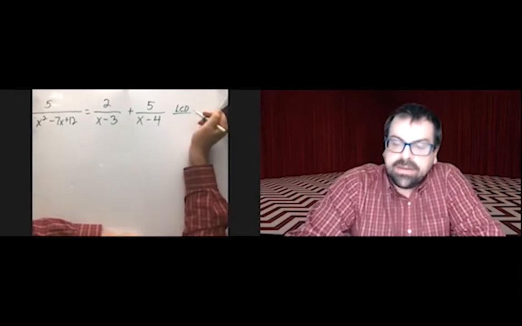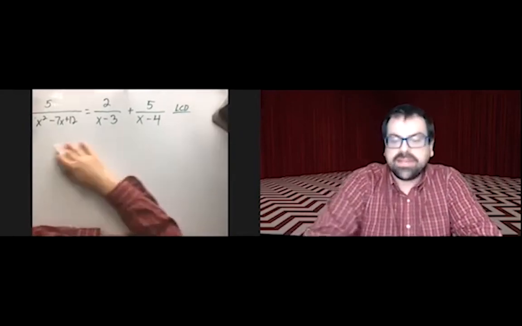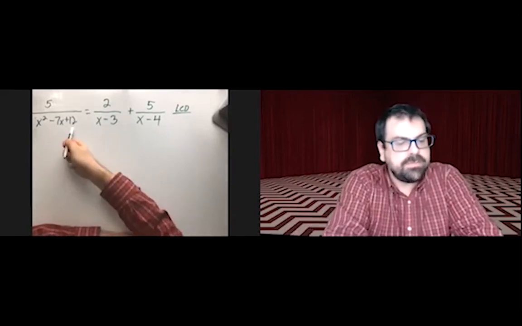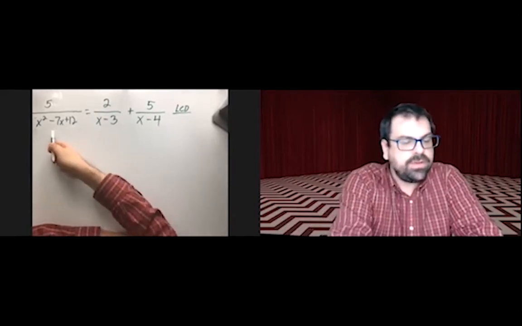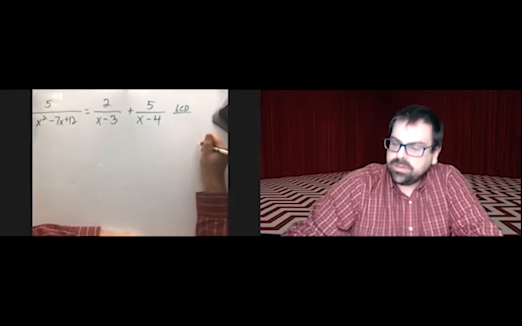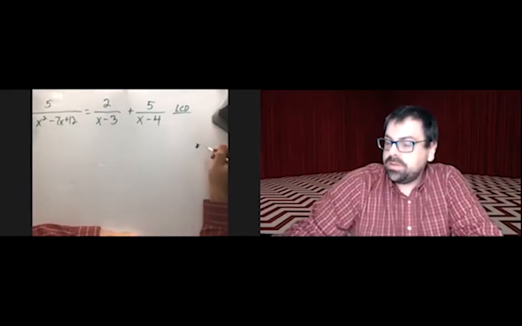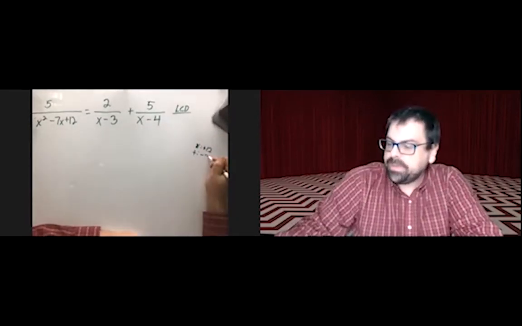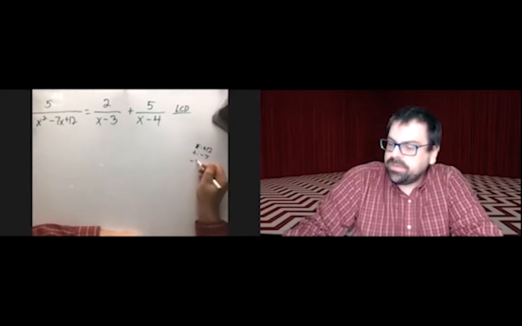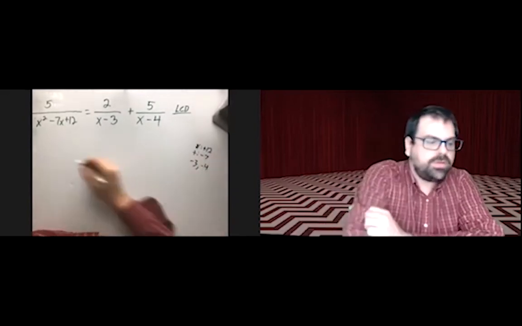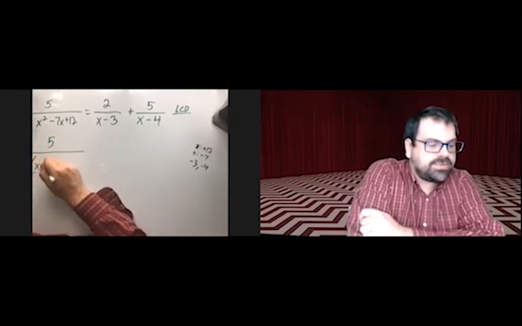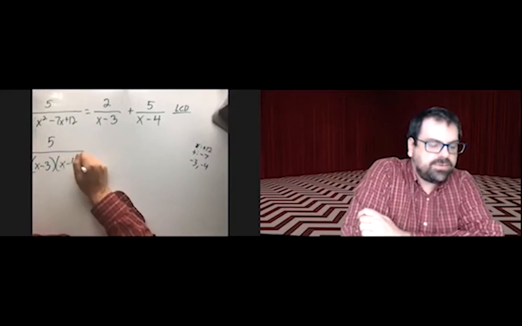Well, in order to get that, we need to factor everywhere we can. That's right here. We need numbers that multiply to 12 and add to negative 7. These are negative 3 and negative 4, which means this factors to x minus 3 times x minus 4.